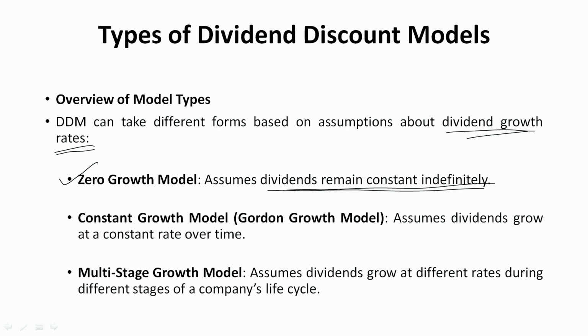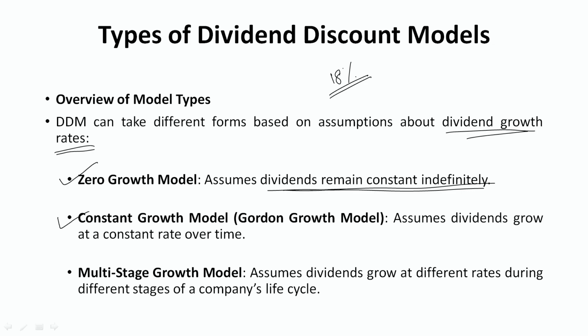So if I say I am going to give you a dividend of 18% every year, irrespective of the profit I generate, this is considered to be a zero growth model, where whatever the profit, I am going to give you only 18 rupees for every 100 rupees. So that's what you mean by a zero growth model.